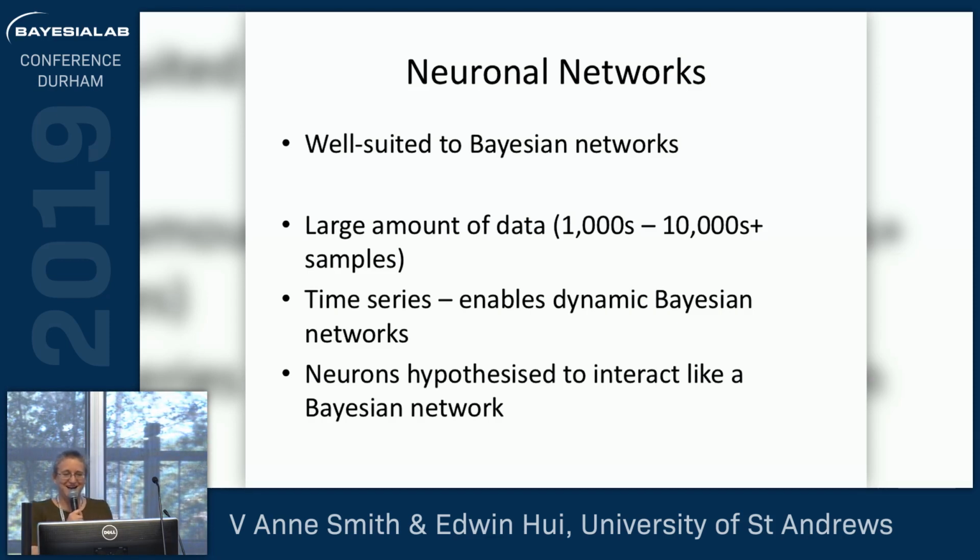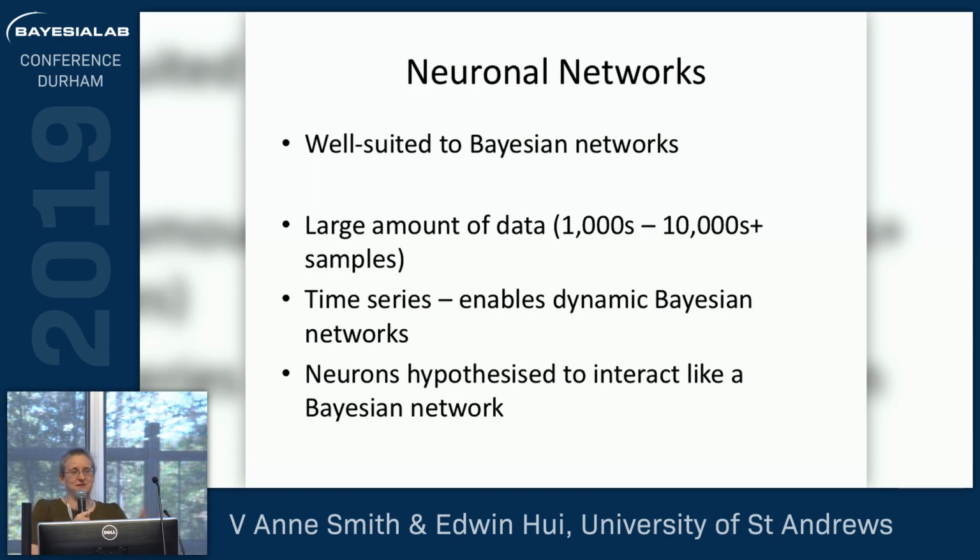Wow, this is weird. Okay, so neuronal networks are actually really suited to this structured learning and Bayesian networks. We can get huge amounts of data from a neural system, thousands or tens of thousands or more data points that we can collect from an animal. It comes in a time series of one point after another. This enables us to use dynamic Bayesian network models, which enables us to model loops, which biologists care about a lot.